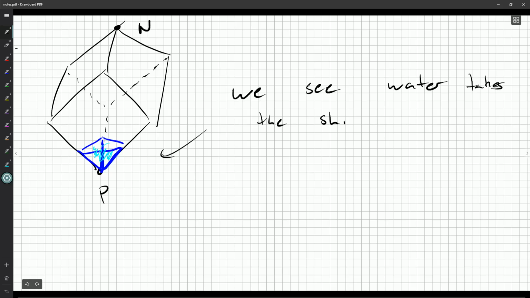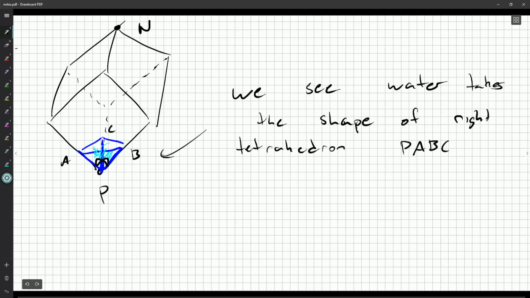We can give these things names, A, B, and C again. The shape of, you might call it a right tetrahedron because all the angles in here are right angles. P, A, B, C. That's a fine thing to say.